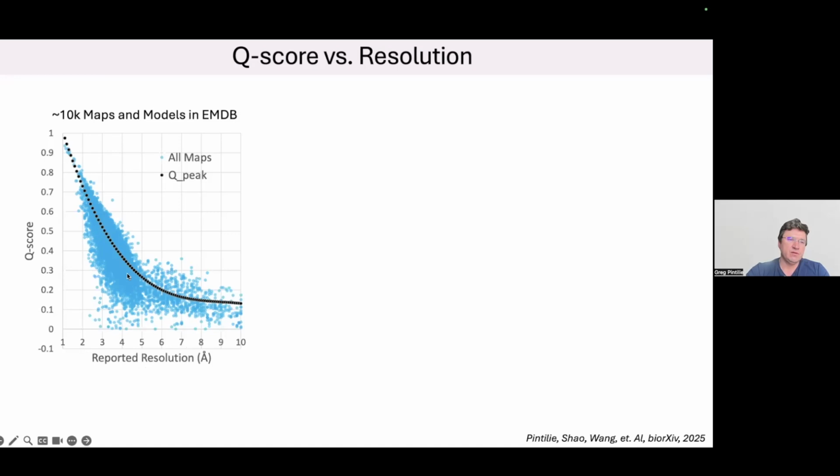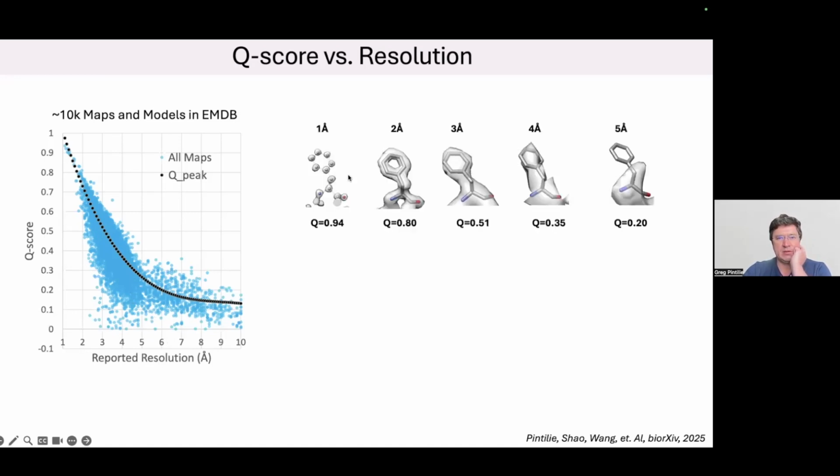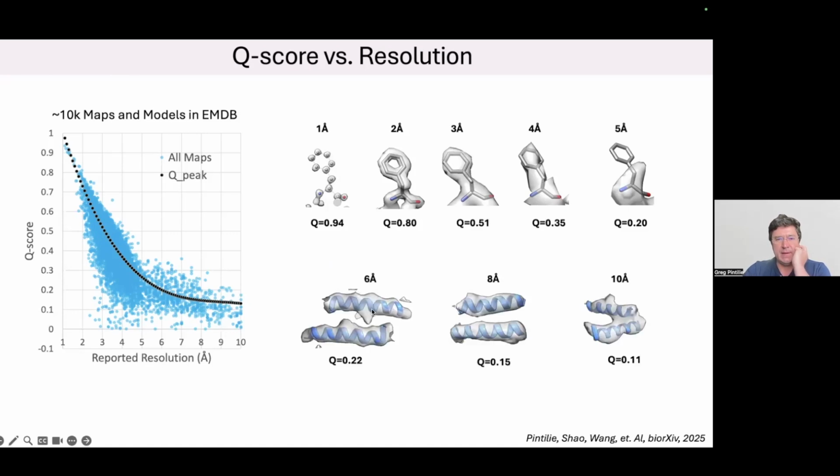Much like we saw before in earlier work, there seems to be a very good correlation between the Q-score and the reported resolution, meaning that the Q-score is good at capturing the resolvability of different features in the map, much like what the reported resolution tries to do, and also visually. As you go to lower resolutions and lower visual detail, the Q-score also gets lower. So that's a good thing.